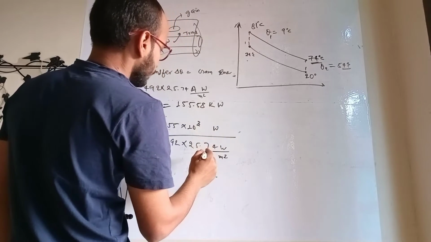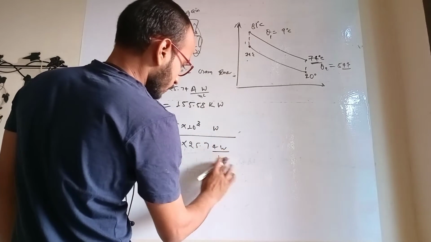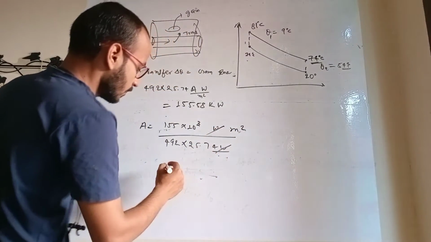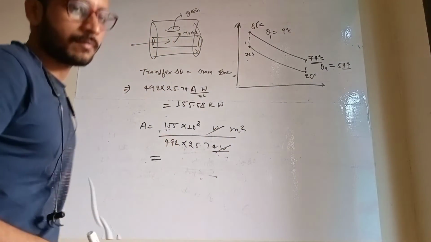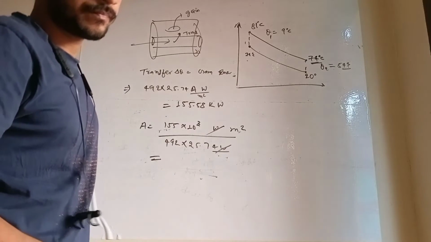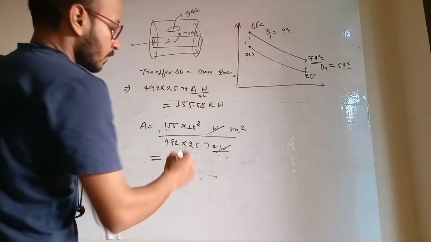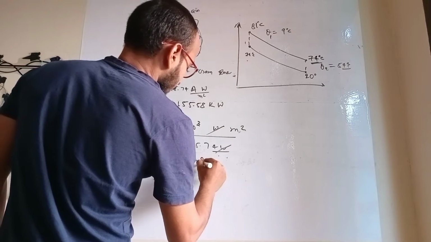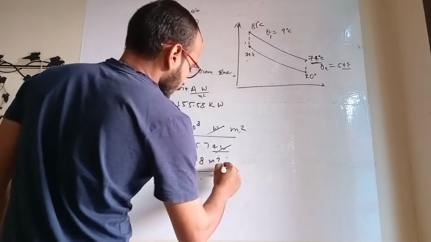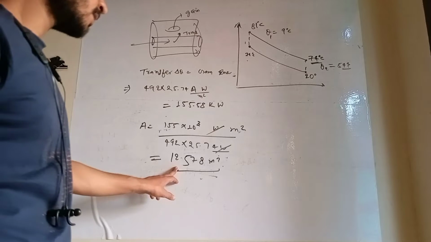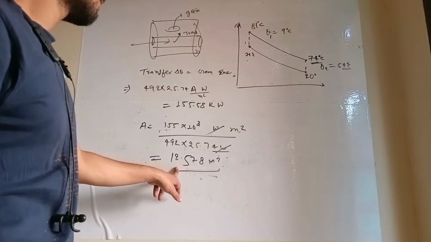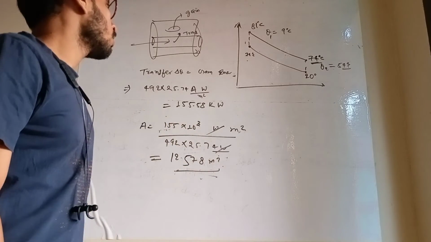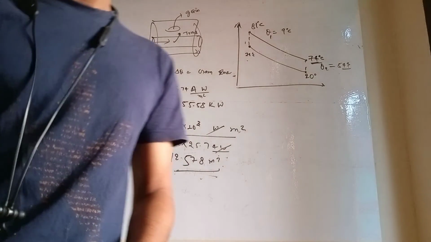Something we missed. Okay, so this will go upper side, meter square, watt will get cancelled, and the value we will get is 12.578 meter square. So this much area we require for the double pipe heat exchanger to transfer the energy from hot water to orange juice.